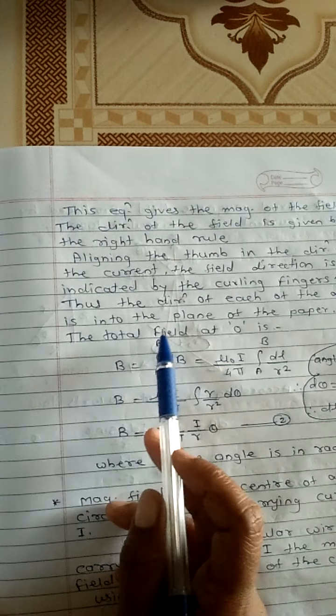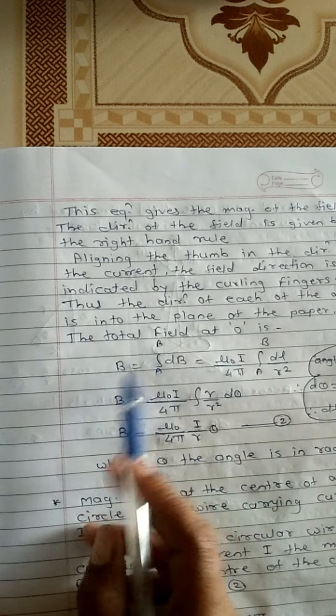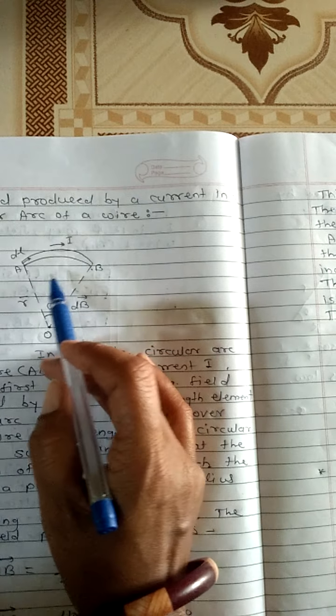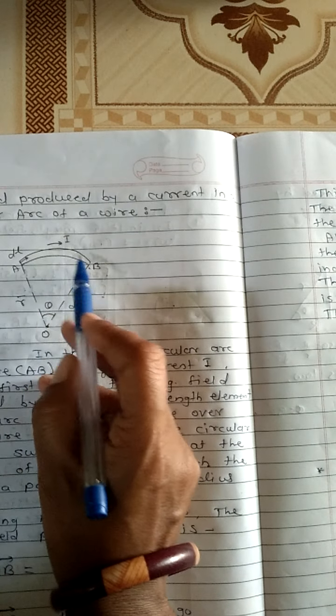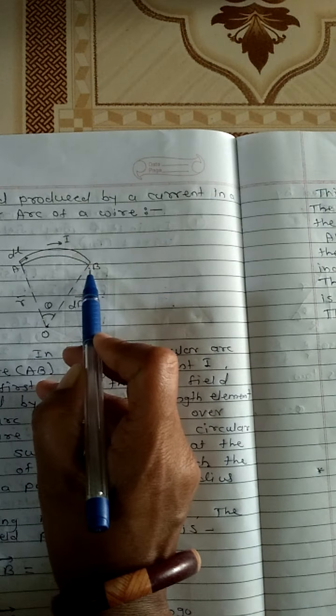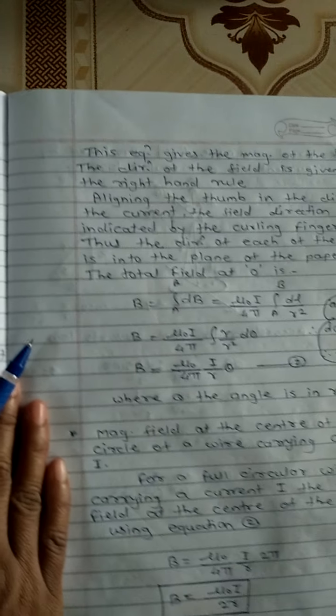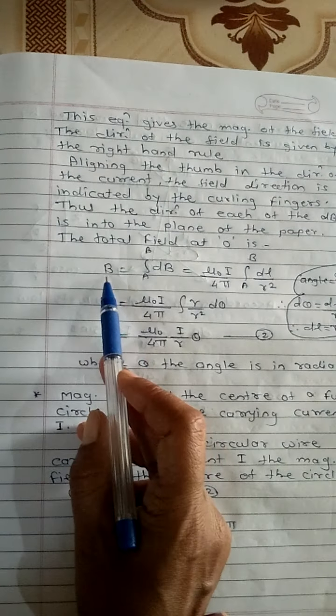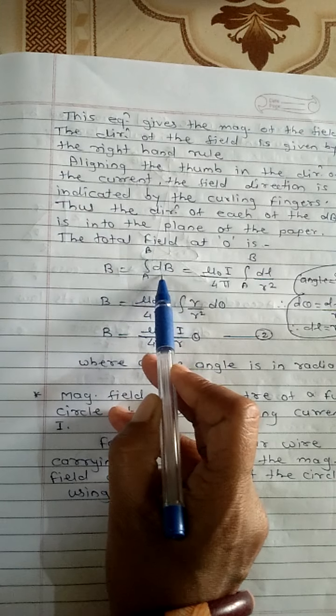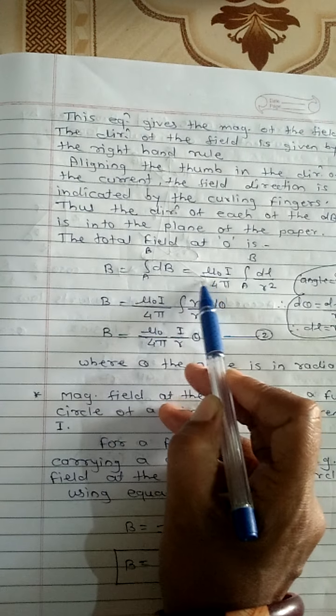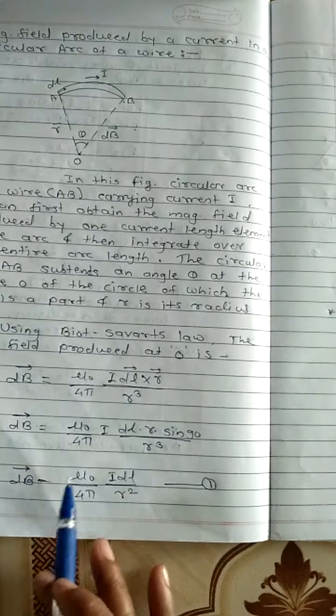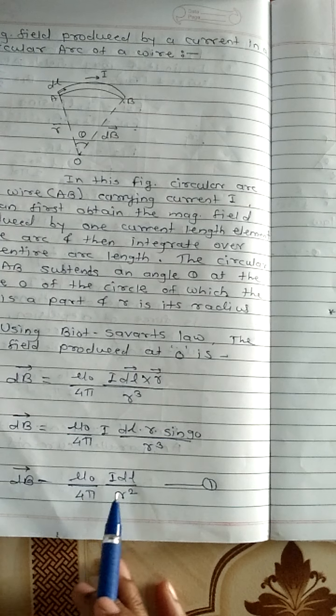Now the total field at point O: if we integrate this, we get the total magnetic field of this arc AB. Then B is equal to the integration over AB of dB, and from equation 1, dB is equal to mu 0 upon 4 pi I dl upon R square.